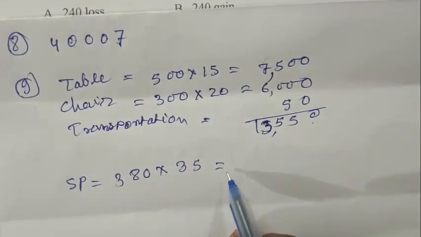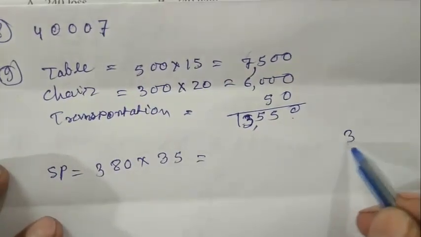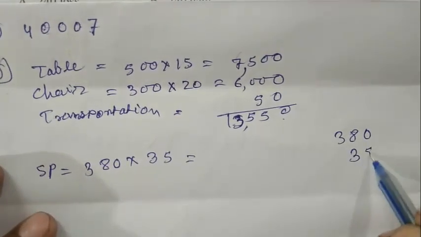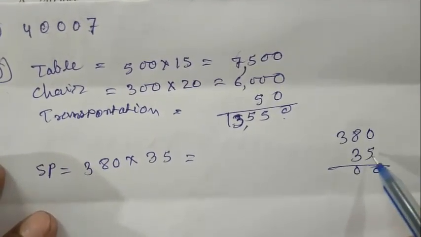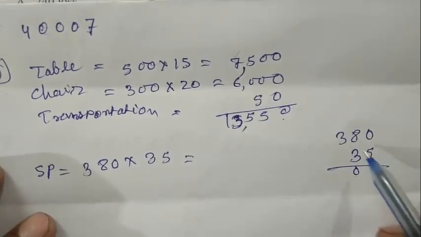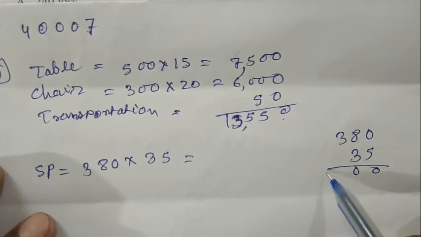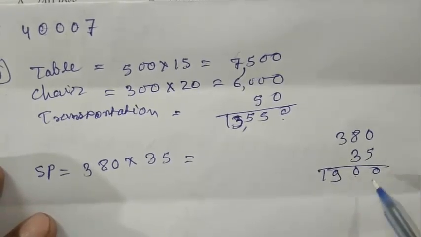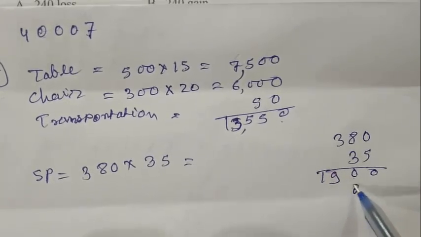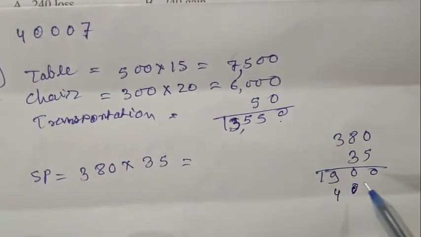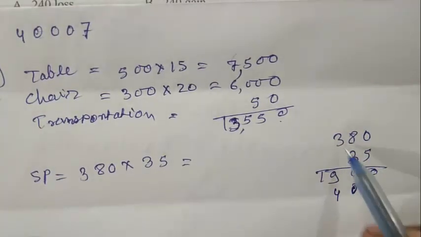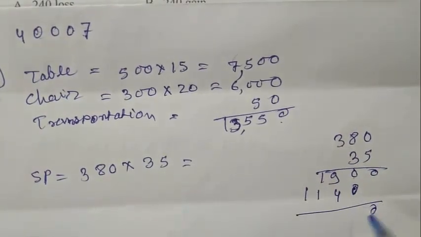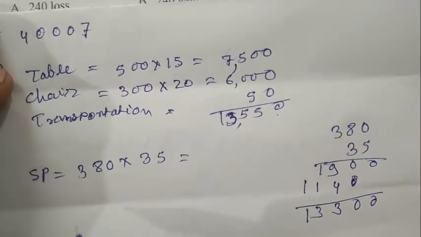So it becomes 380 into 35, that is 13,300.